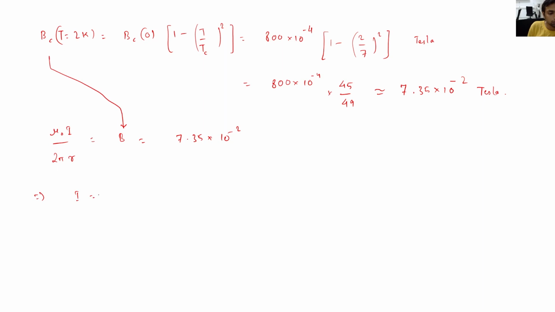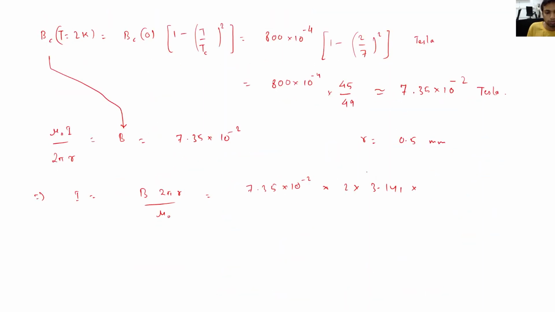So I is equal to this V into 2 pi R over mu 0. V is 7.35 into 10 to the power minus 2, into 2 into 3.41. This R is equal to 0.5 Newton.